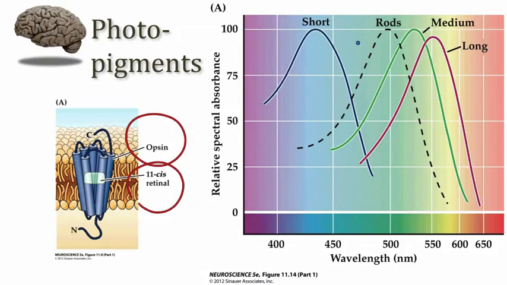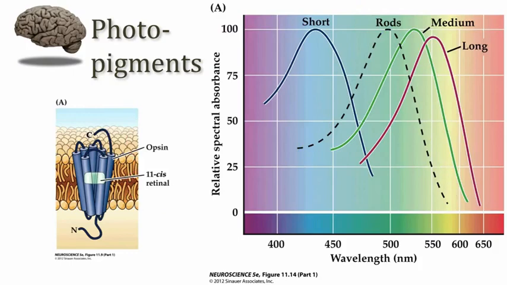In rods, we have the rod opsin, and it has a particular spectral sensitivity, which is plotted in this chart of relative spectral absorbance versus wavelength of light by this dashed line here. And you can see it's somewhere near the middle among our family of opsin proteins.